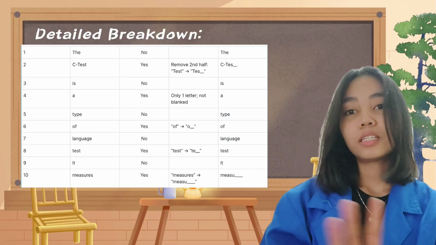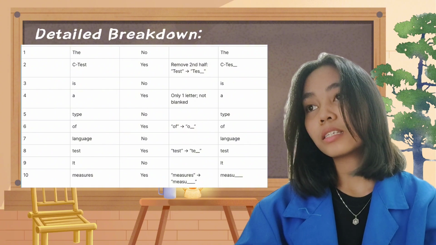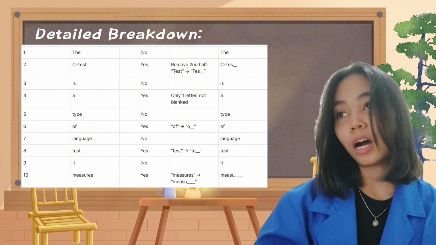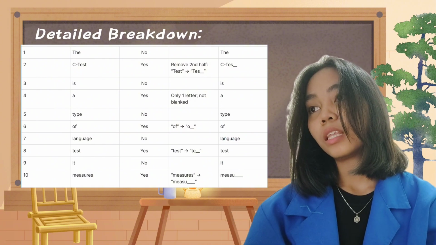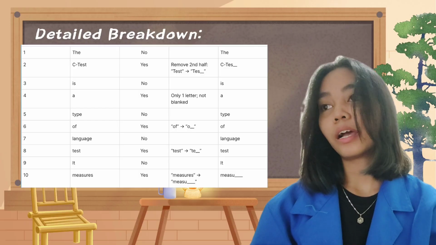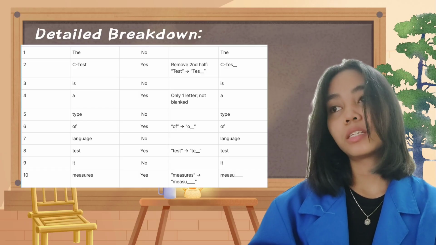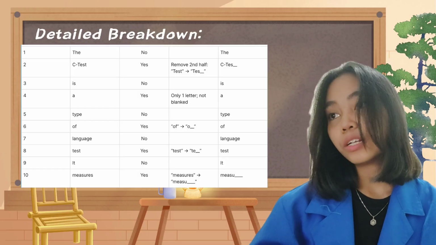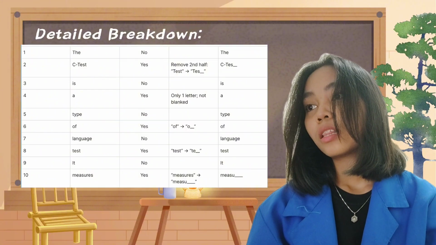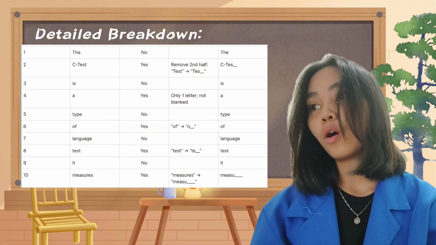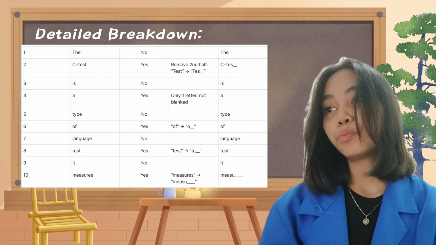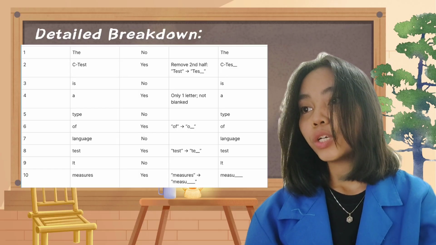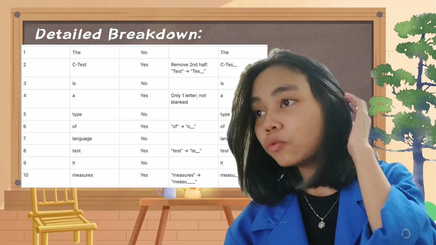The stays the, and the C-test removes the second half, and then is stays is. A stays A, because it's just one letter. Types, just types; of, we remove. Then language, we do not remove.